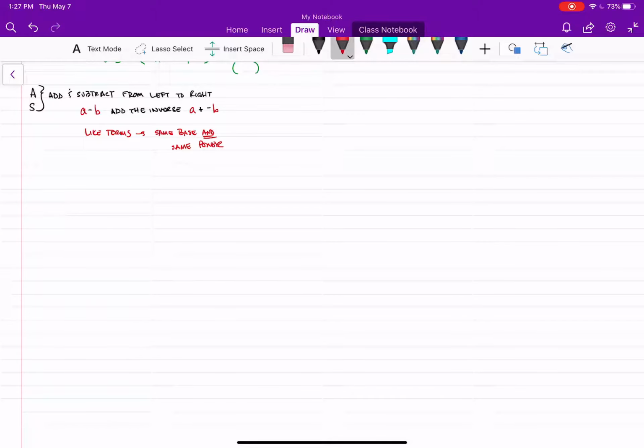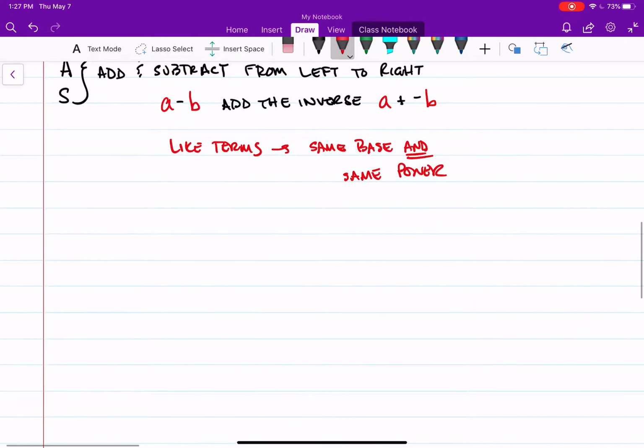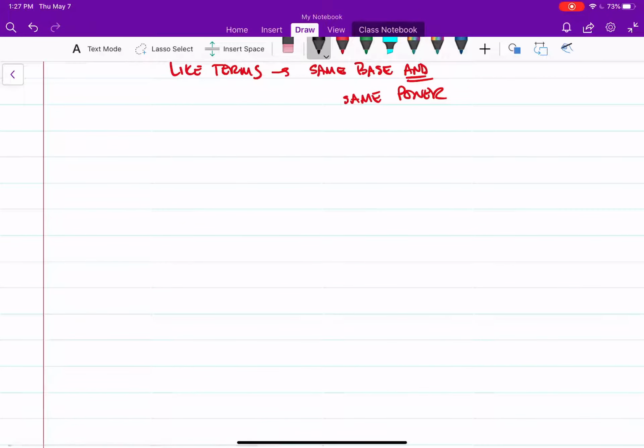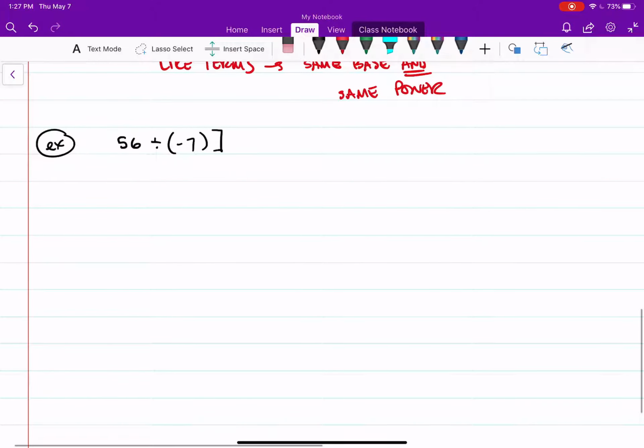Let's start with this one right here. Example. So this says 56 divided by -7. Now you're probably asking, what's the difference between those 2 brackets, right? Because this bracket here is a square bracket, while around the -7 is just a parentheses.